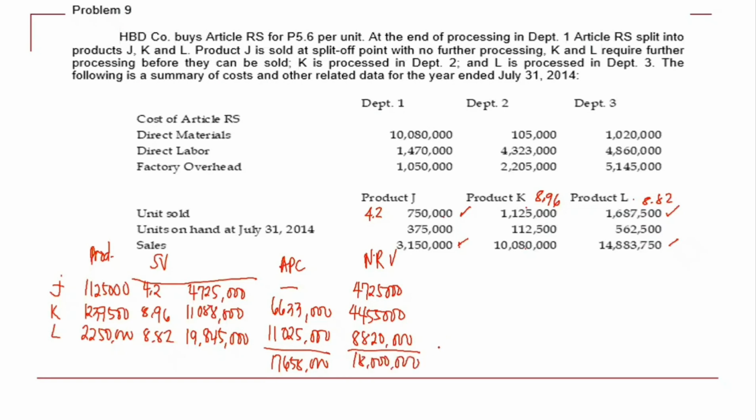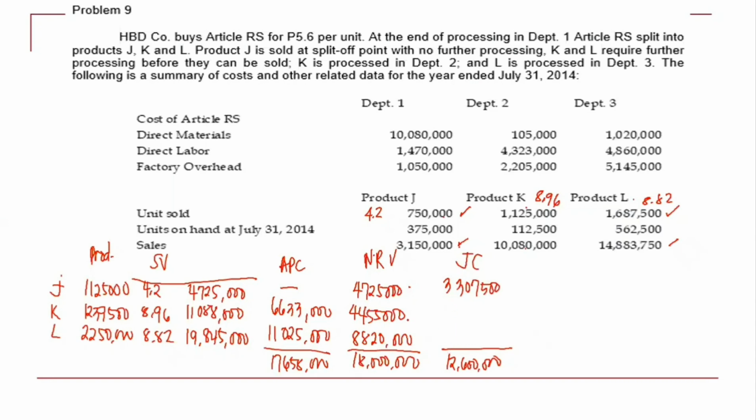Ayan. Tapos ang joint cost natin ay 12,600,000, di ba? So allocate natin joint cost based on the NRV of each product. So 4,725 times 12,6 over 18,000. So ang joint cost natin kay J ay 3,307,500. Ayan.